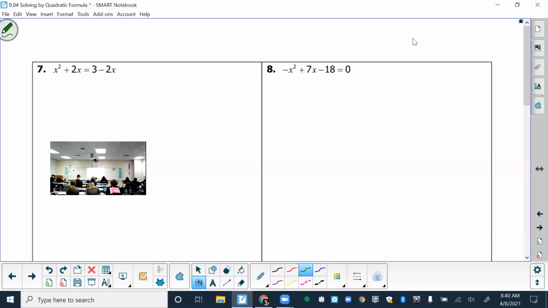So number 8, this one's a little easier, right? Because we don't have to do any rearranging, do we? It's in the correct form already and set equal to 0. So we'll just start identifying our A, B, and C. For number 8, what's our A value?